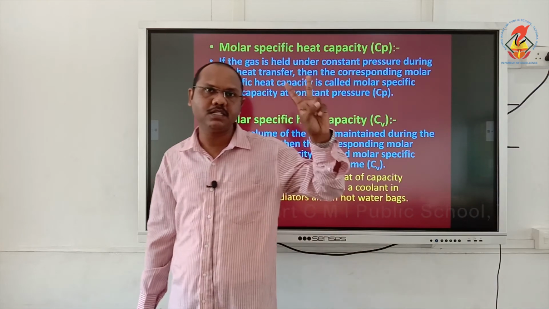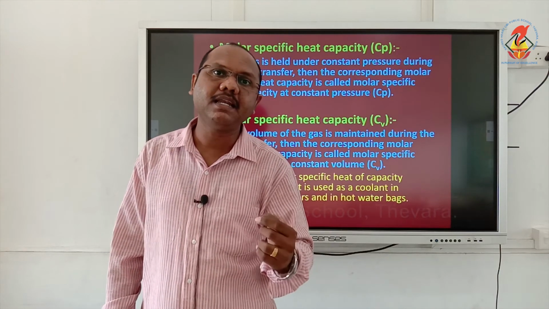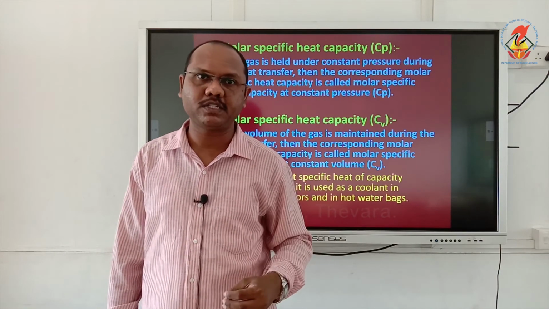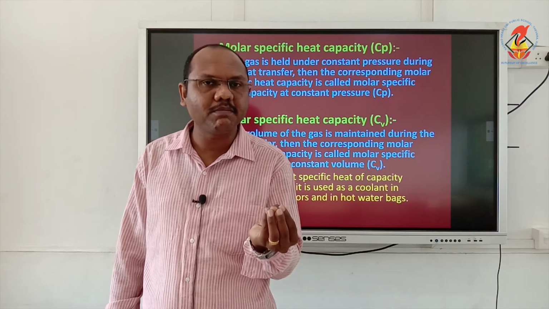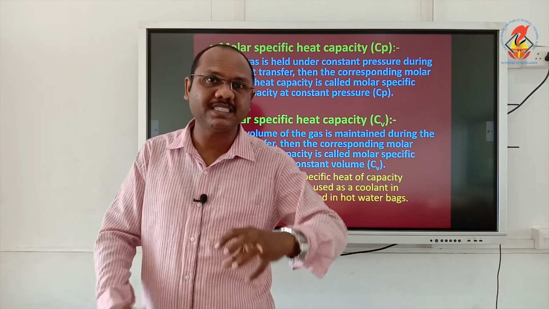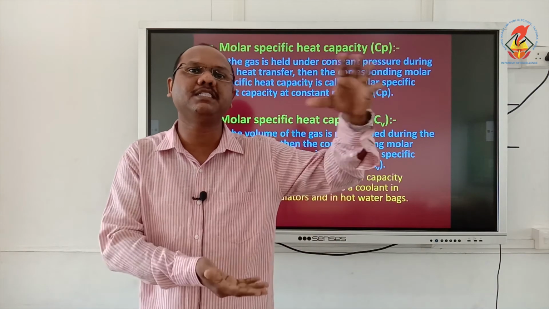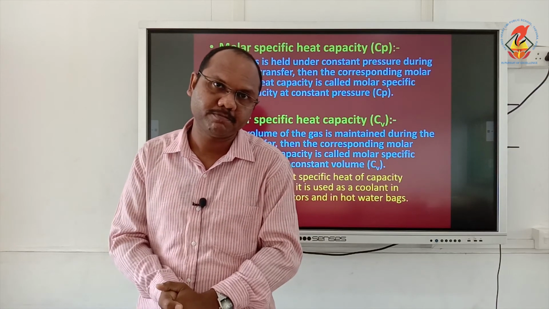So heat supplied is used for two purposes. First one, to expand. Second one, to raise the temperature. Therefore, for a small rise in temperature, I have to give more heat, because some part of the heat is used to expand, whereas some part is used to raise the temperature.